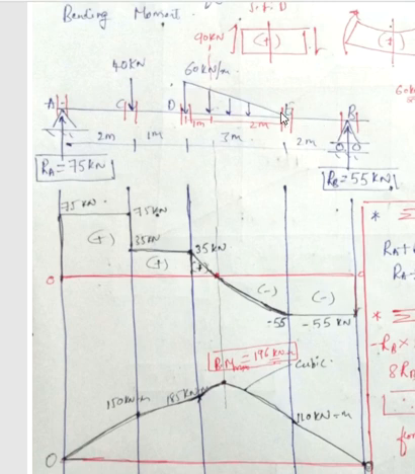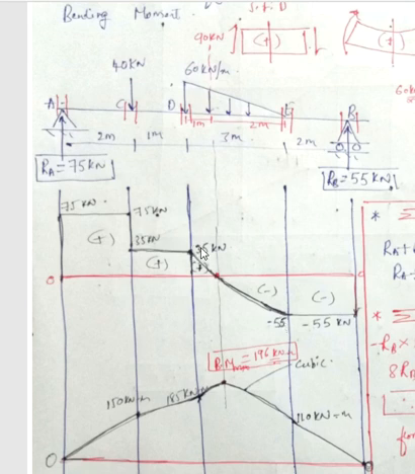But when I move from this section to this section, there is a UVL, and when I convert it into a point load, it will become 90. This 90 with respect to this section is acting in the downward direction. That means it has a positive sign. I had minus 55, and here I am adding plus 90. Plus 90 and minus 55 will give me plus 35.